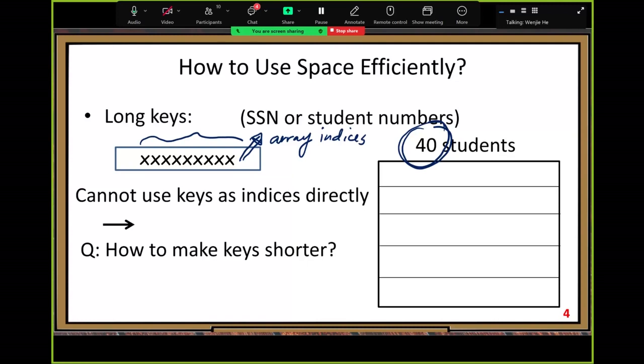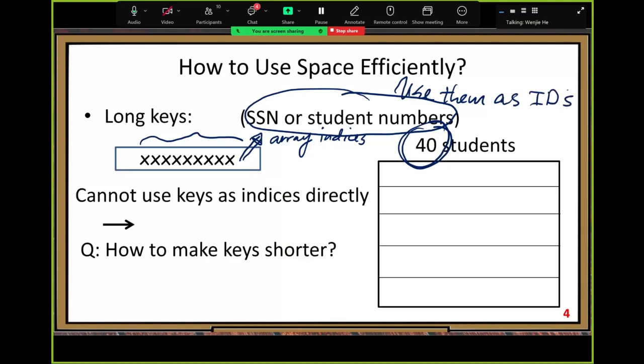These long keys usually come from IDs, and you have to use those numbers as IDs. You cannot change them. But you cannot use them as addresses. Your search keys can remain the original.